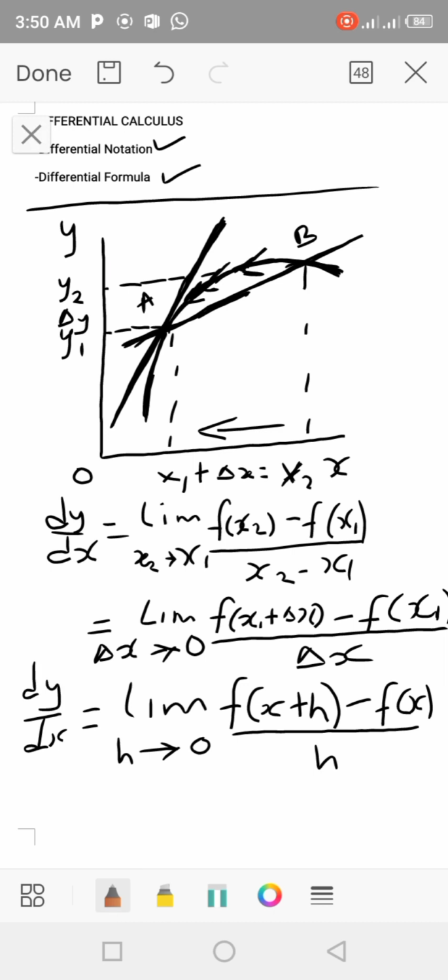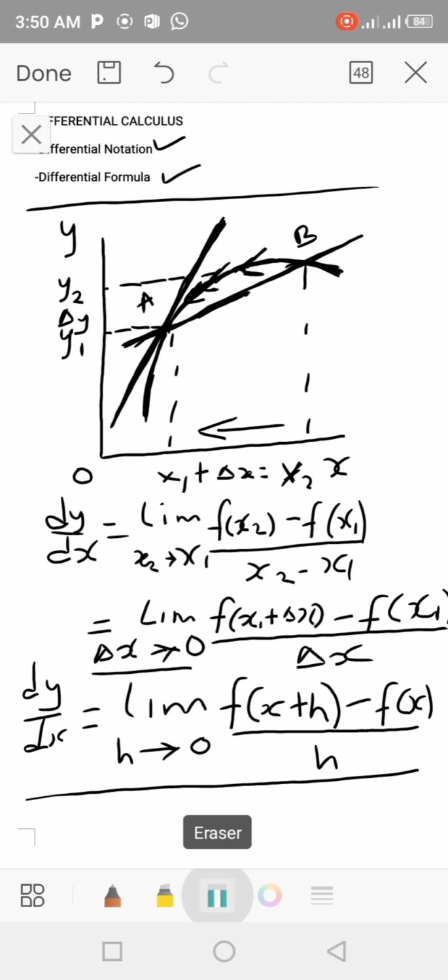So this formula is the general differential formula that is gotten from that graph, and it can be used to solve differential problems. And we are going to use it to solve some problems right away.